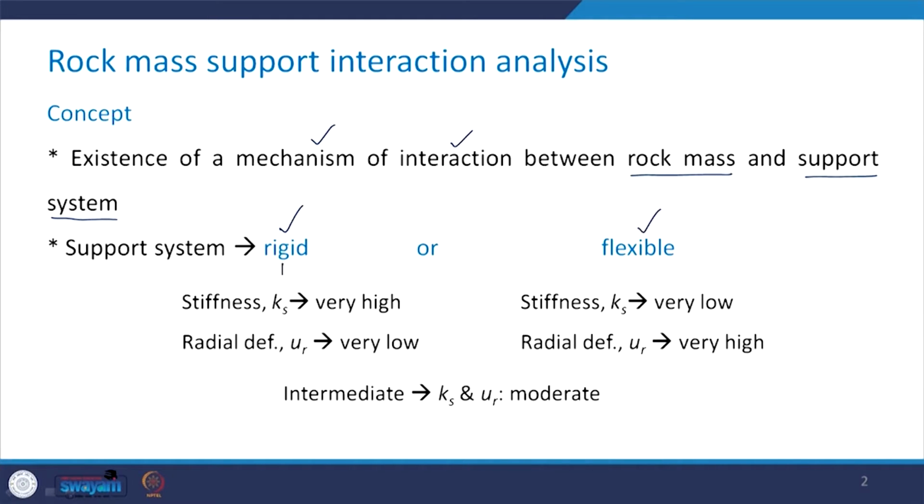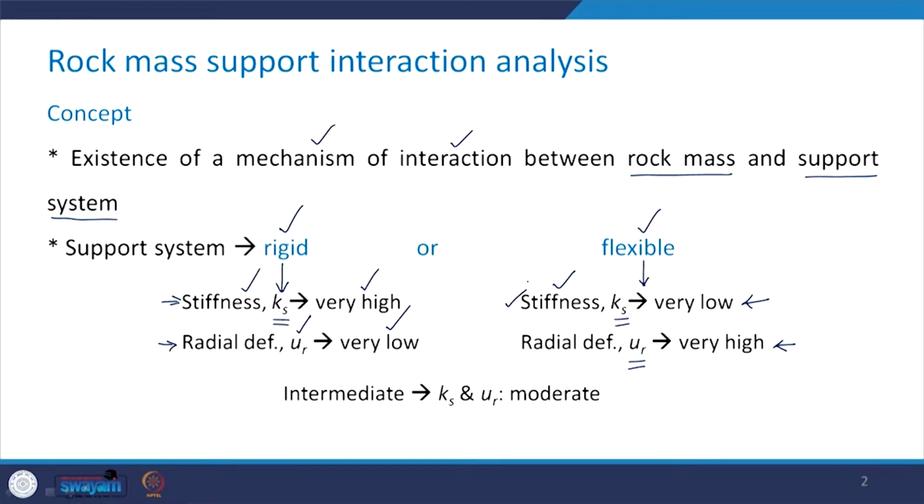Accordingly, this support system can be either rigid or flexible. In case of the rigid support system, its stiffness Ks is going to be extremely high, and the radial deformation which will be allowed will be very low because the support is very stiff. What happens in case of the flexible support system? Its stiffness Ks is going to be extremely low, and the radial deformation will be very high because the stiffness is very low.